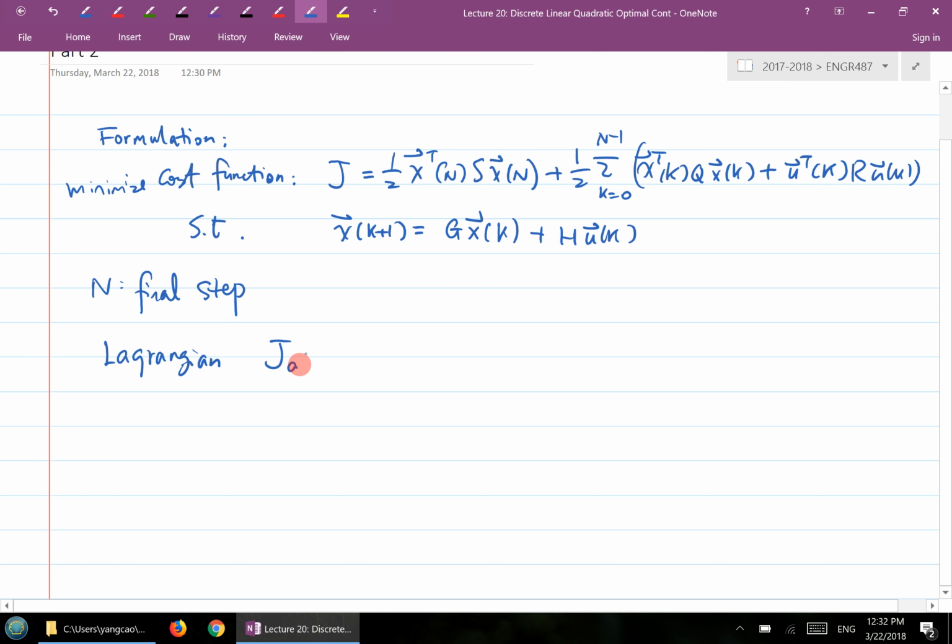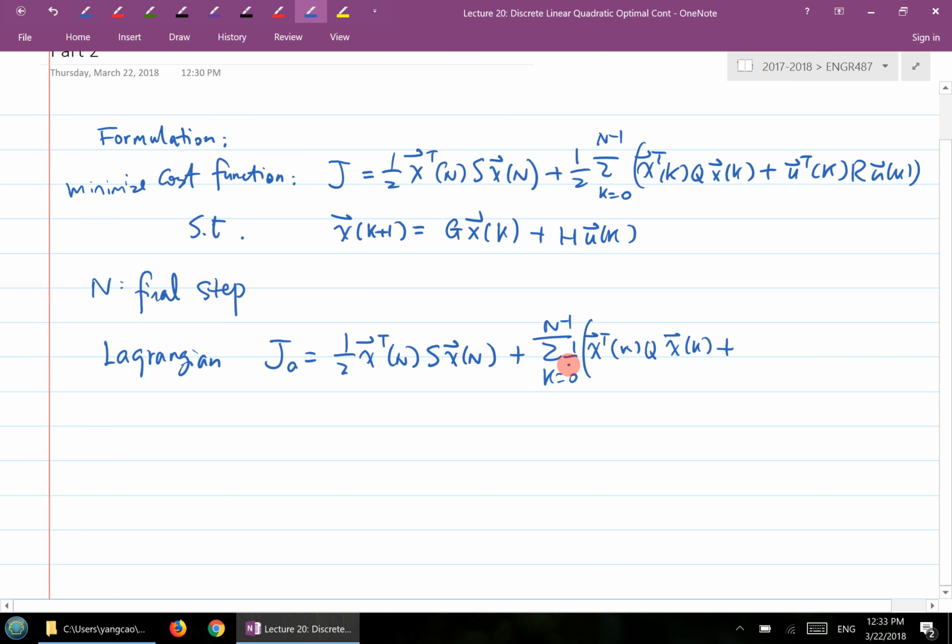We call that JA. Essentially, we combine these two equations together using the Lagrange multiplier.